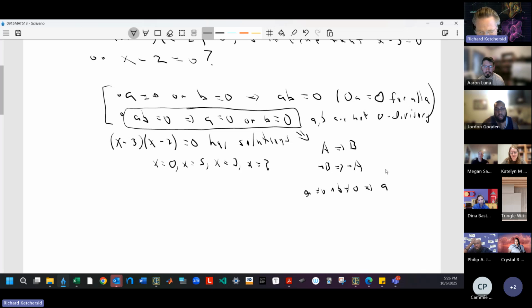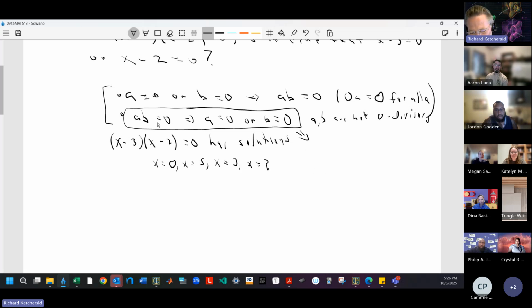It's not quite the negation, I guess. Sorry, let's be a little bit more careful about this. Anyway, okay, forget that little logic lesson.